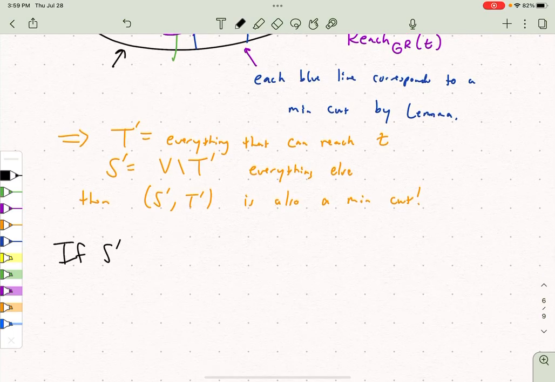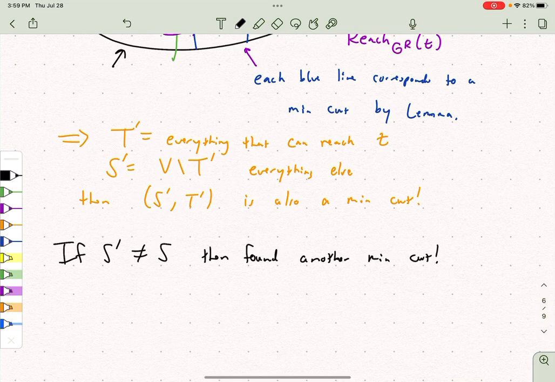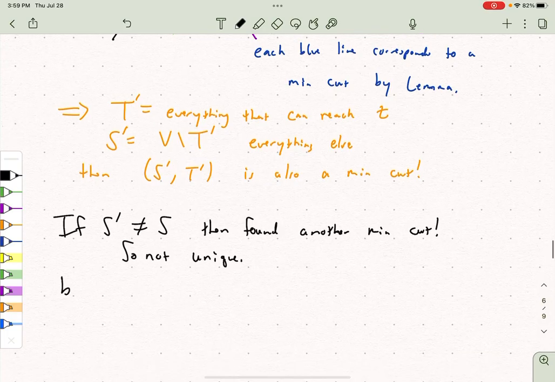So if S prime is different from S, then we found another min cut, so not unique. But if S prime equals S, then it's the unique min cut.